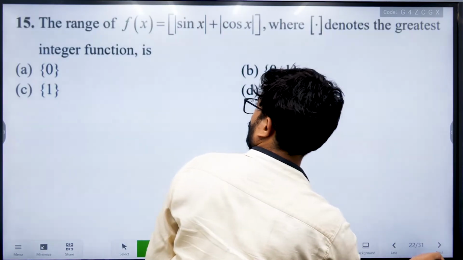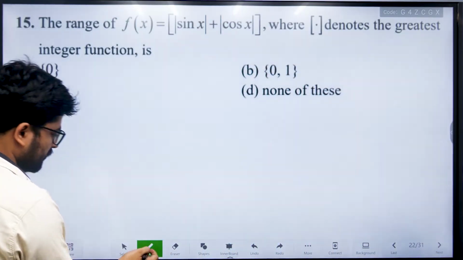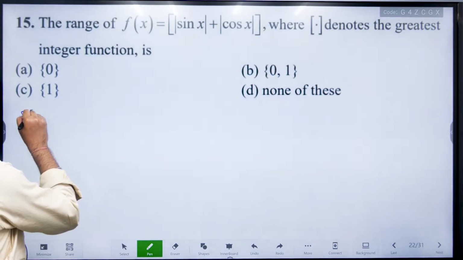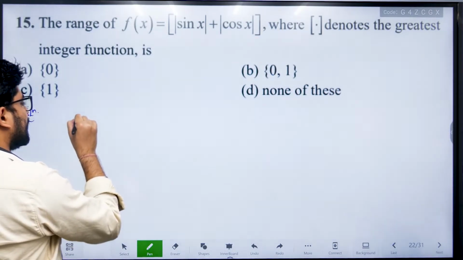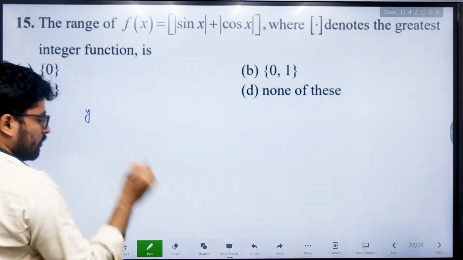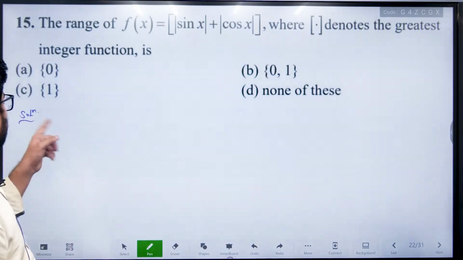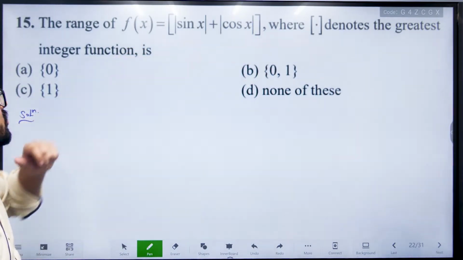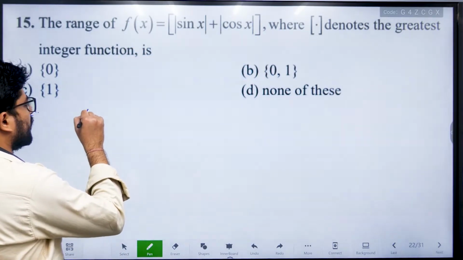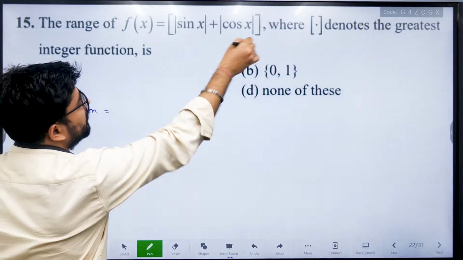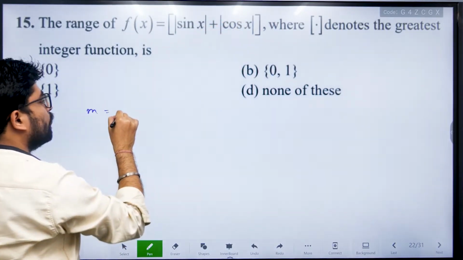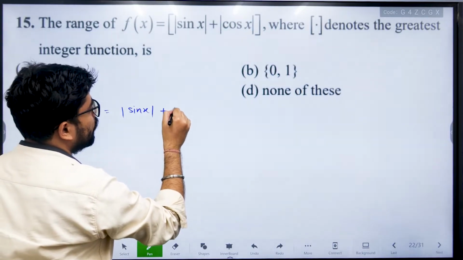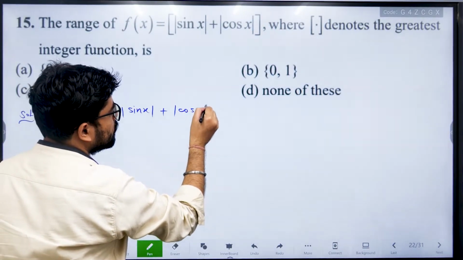Now the next question is this one. So let us assume the solution is the range of this function. Yes, this is the greatest integer. So let's say m is equal to this interior part, mod of sin x plus mod of cos x.